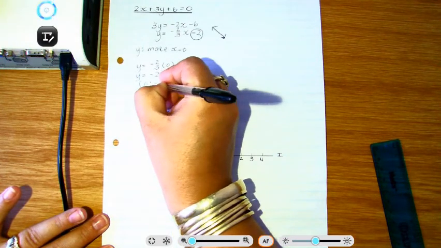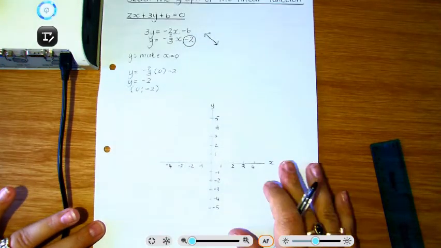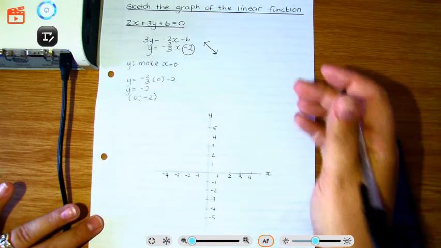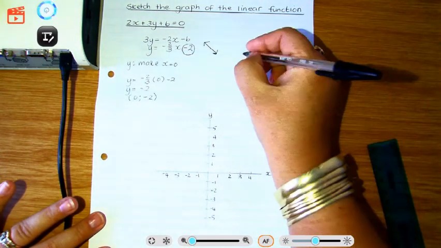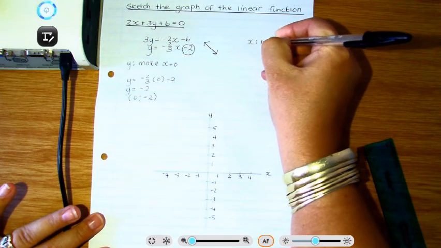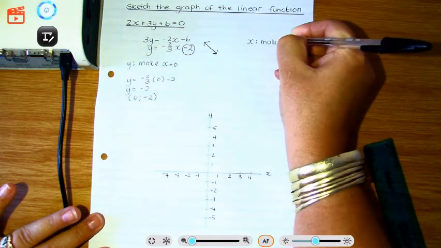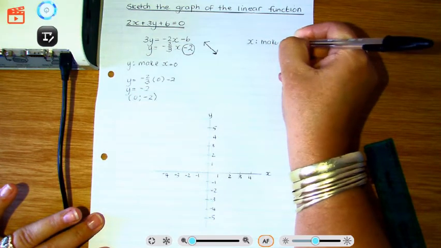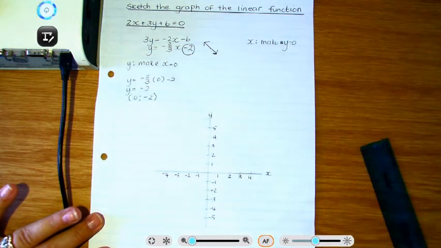Now I'm going to move on and find x. I'm going to make y equal to 0. So I now want to find my x-intercept.